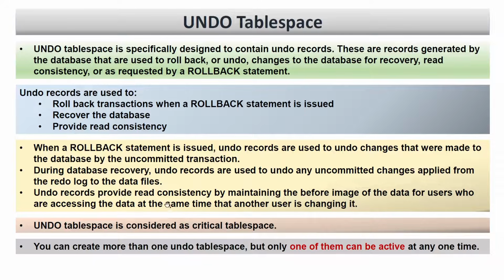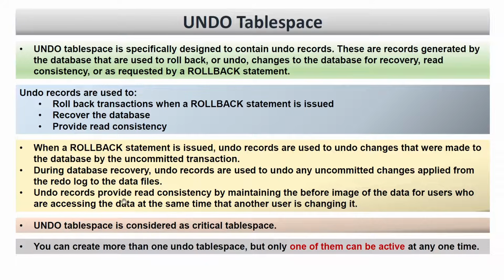Basically, let's say 2 users are reading the data and one person has run a select query and has not got the output yet, or is still getting the output, and another person is updating the same records. The first person should not see the records which are getting updated, because that update is happening after he ran the query, which means the first person should get the same data.